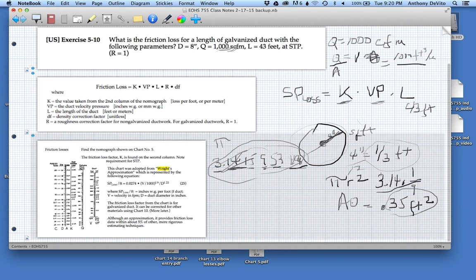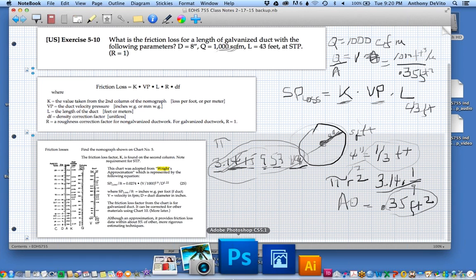So our velocity is equal to 1,000 cubic feet per minute divided by 0.35 square feet. Feet squared into feet cubed, it's going to be feet per minute. It's going to be velocity. That part looks like it's going to work.